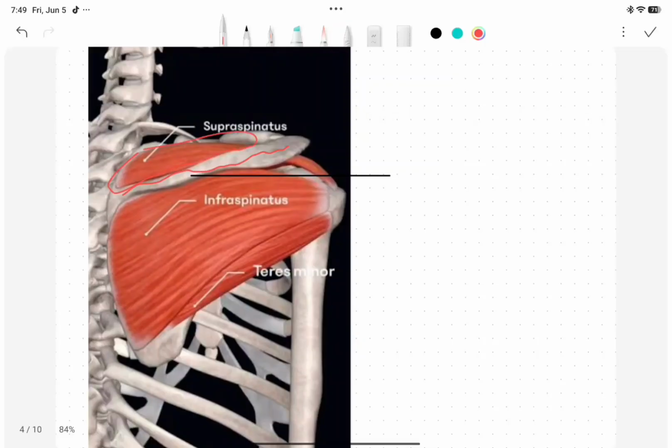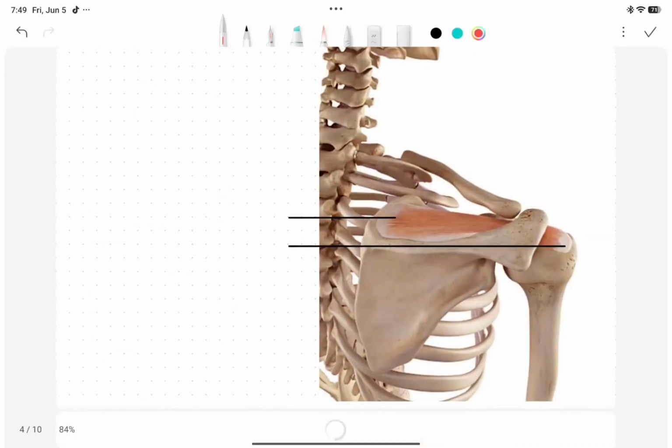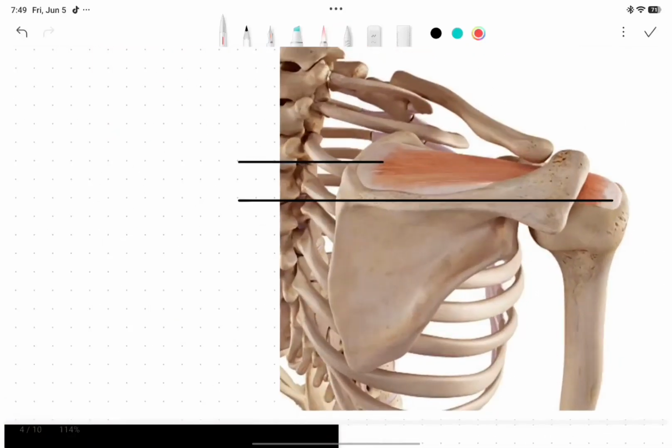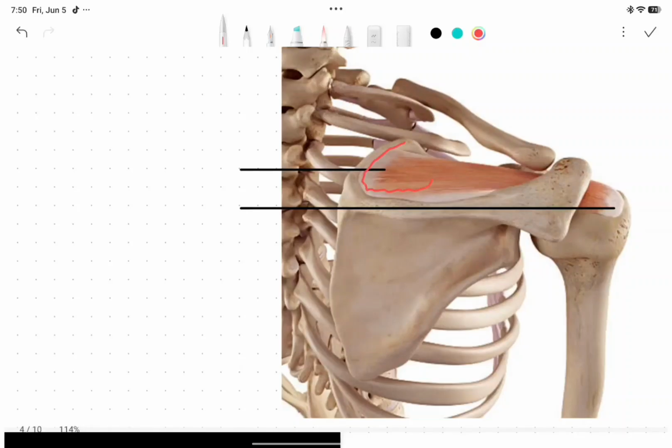So the supraspinatus is inserted into the superior facet, the infraspinatus is inserted in the middle or intermediate facet, and the teres minor is inserted into the inferior facet. Supraspinatus originates from the supraspinous fossa, because this is the spinous process and this is the crest of spine.